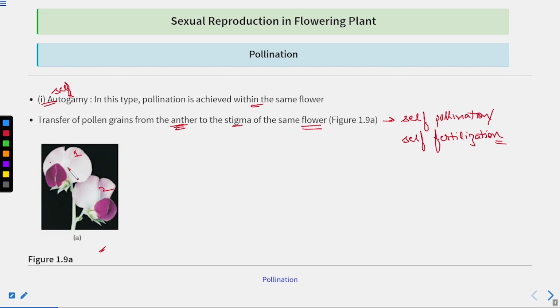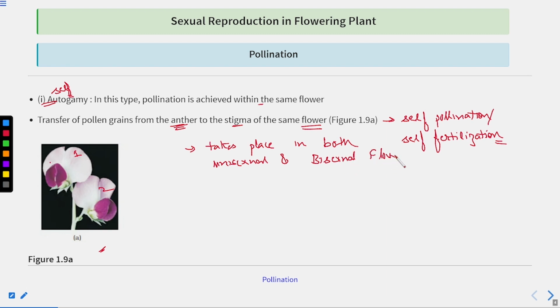Autogamy can take place in both unisexual as well as bisexual flowers.